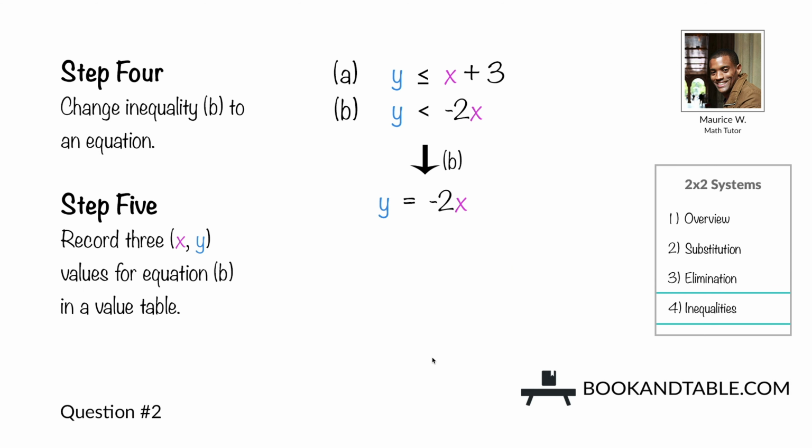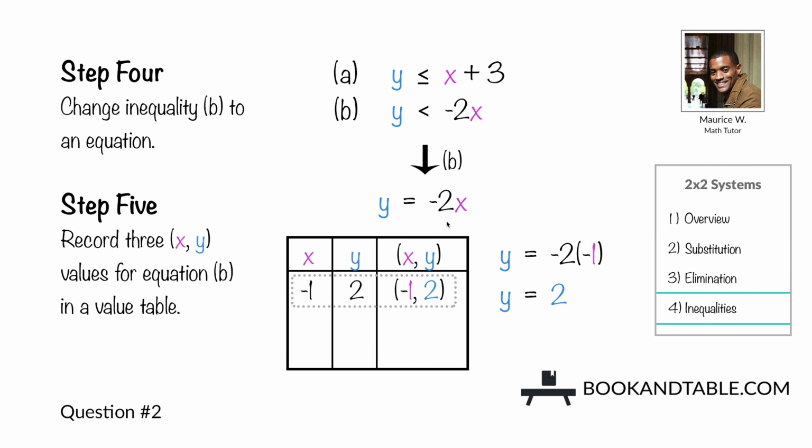And now we want to repeat this process for B. So step 4, change inequality B to an equation. So you change the less than sign to an equal sign, giving us y is equal to negative 2x. And now step 5, record 3 xy values for equation B in a value table. So we first plug in negative 1 for x, and we get y is equal to negative 2 times negative 1, which is positive 2.